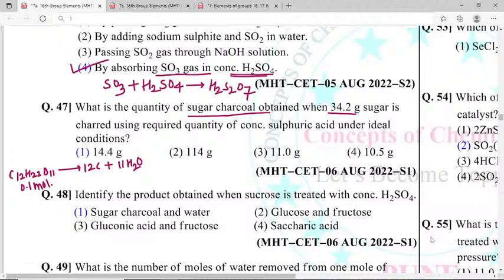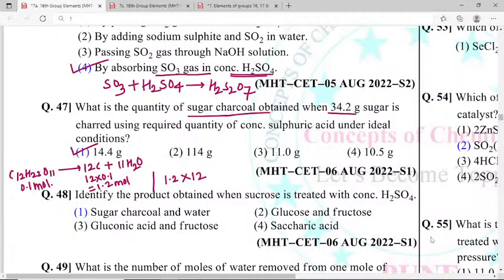So this is 0.1 mole, again 0.1 mole. 12 multiplied by 0.1 mole is 1.2 mole, and 1.2 mole multiplied by 12, the carbon, is 14.4 gram.